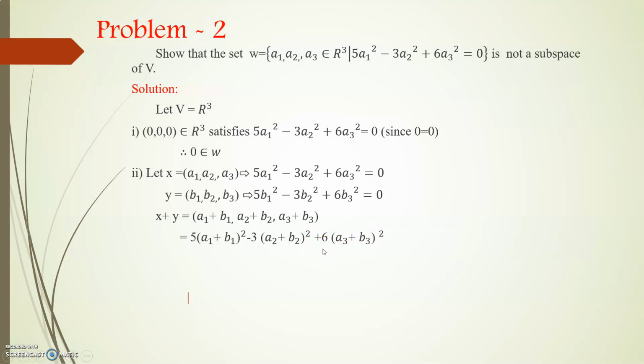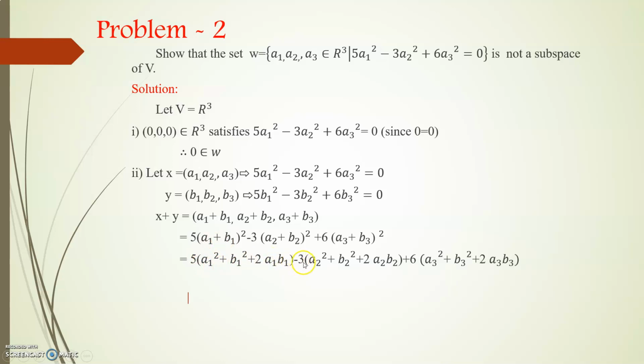Next, expanding the terms, we get 5 into a1 square plus b1 square plus 2a1b1.